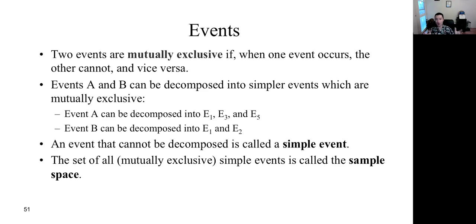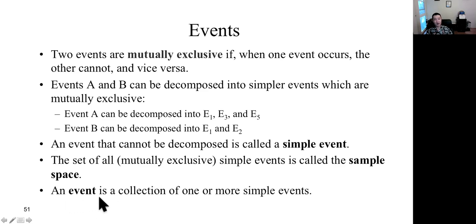That's all the possible outcomes for that experiment. And an event is a collection of one or more simple events. So we learned what events are, what simple events are, what the sample space is, and what is defined as mutually exclusive.